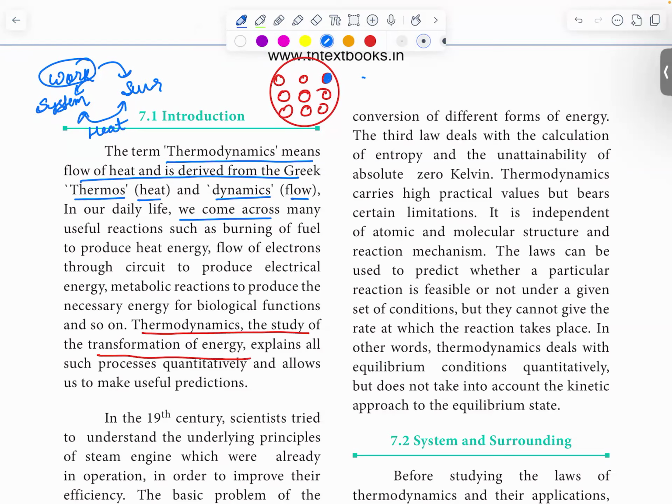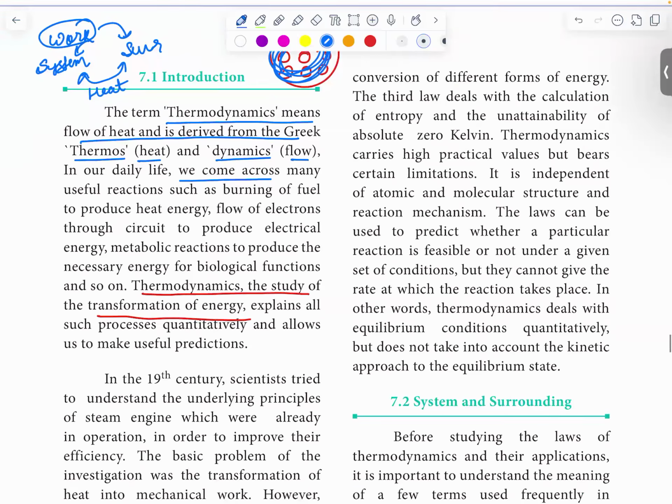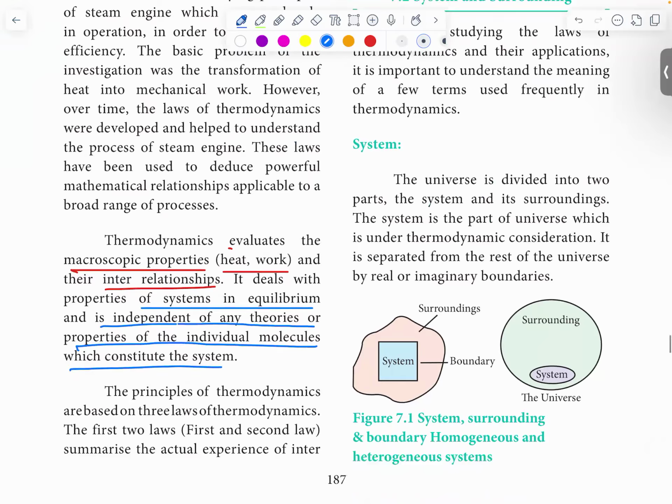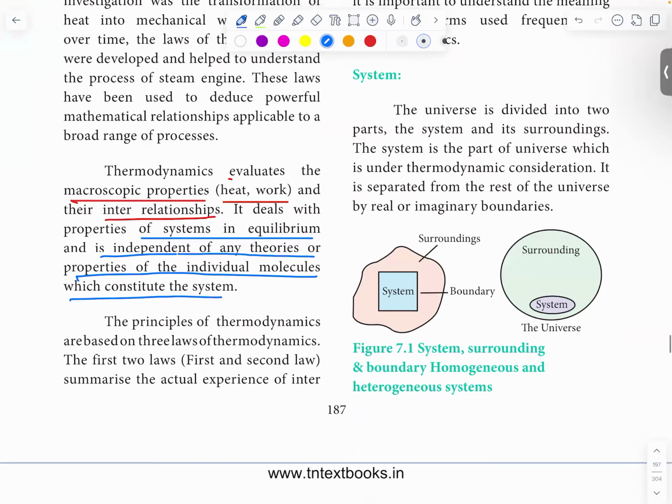We are concerned about the overall pressure, the overall volume, the overall work, heat and everything. So we are dealing with the macroscopic level. And that is written here also: the macroscopic properties of the system are independent of any theories or properties of the individual molecules which constitute the system. So we're not dealing with the microscopic part.